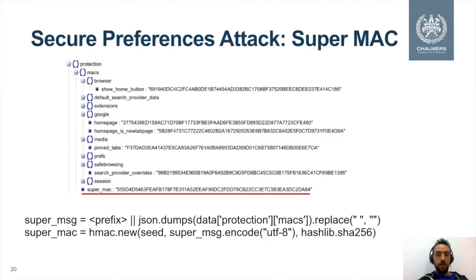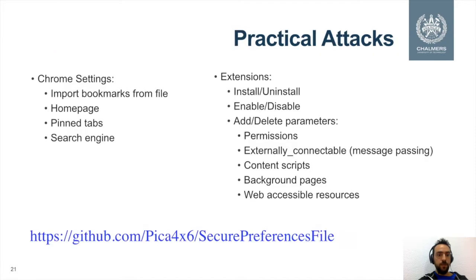After that, we have to compute once again the HMAC, and it's stored in the new SuperMAC. So with this, we are able to bypass the security mechanism implemented by Google years ago and freely modify the secure preferences file, thus impersonating the browser.